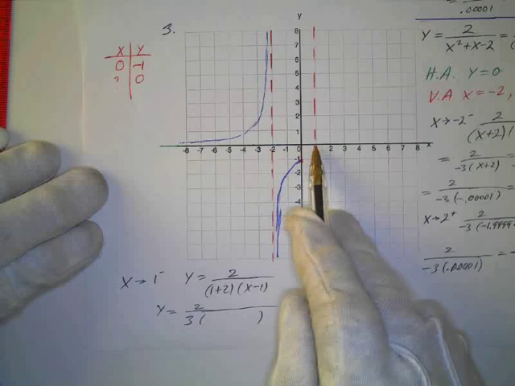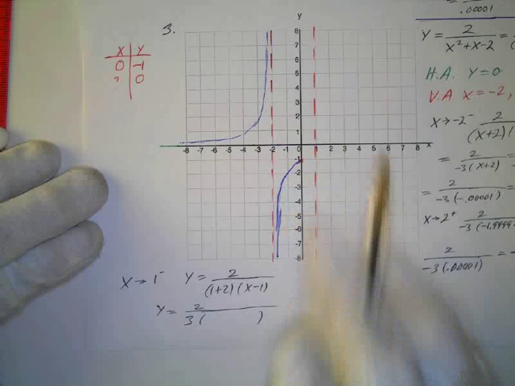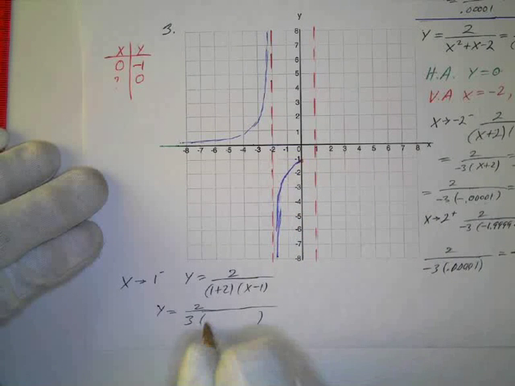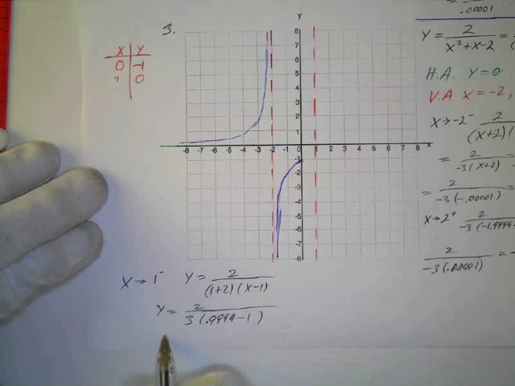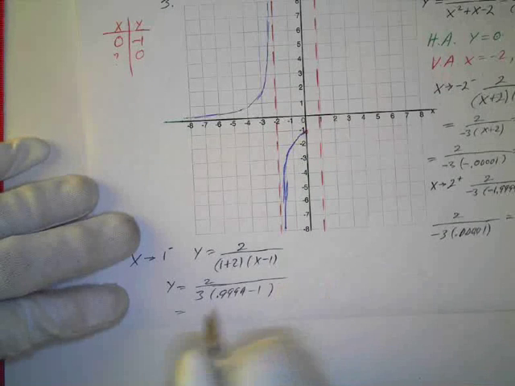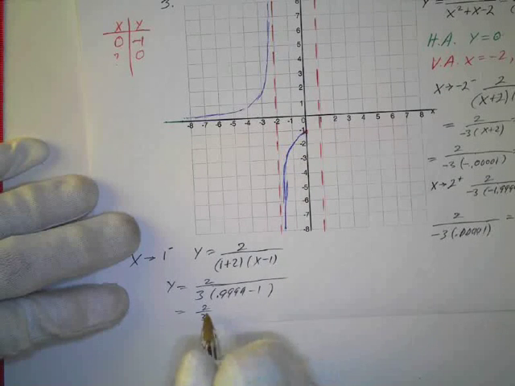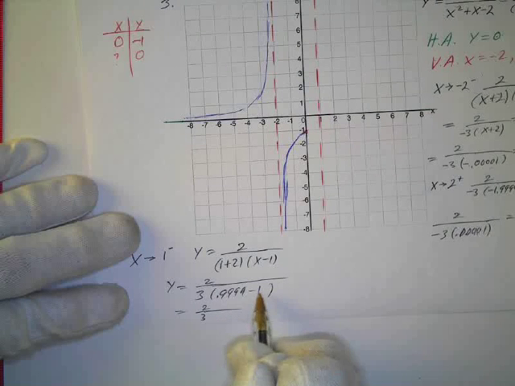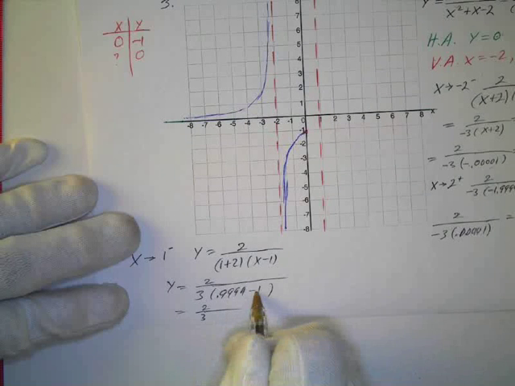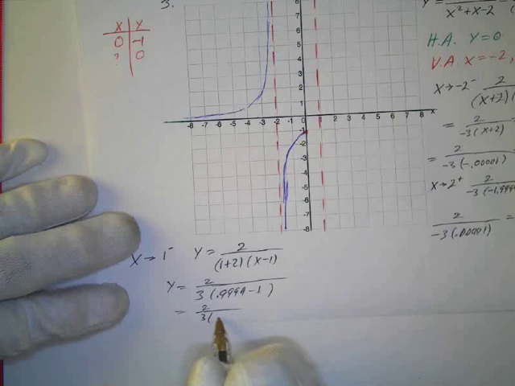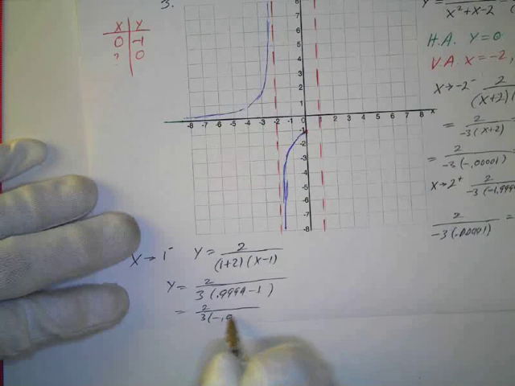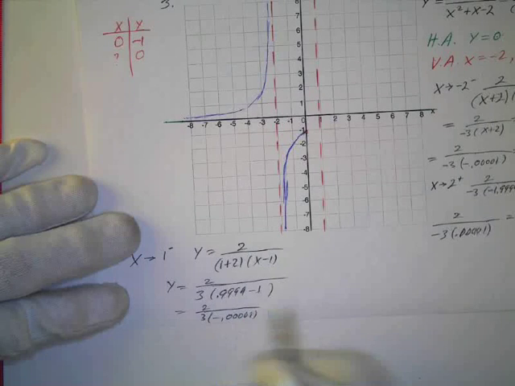Now if we're going to be just to the left of 1, we're going to be like at 0.999999. That's almost 1. And then I'm going to have minus 1. And that's going to be equal to 2 over 3. And what's this going to be? Well, it's going to be negative, excuse me, that's going to be negative 0.00001.